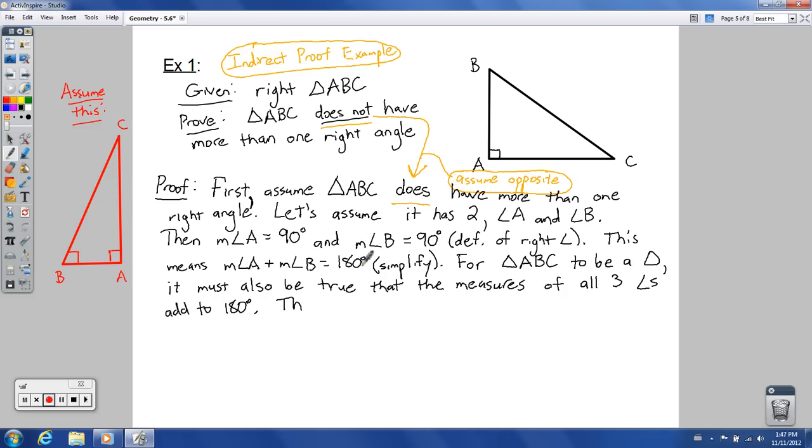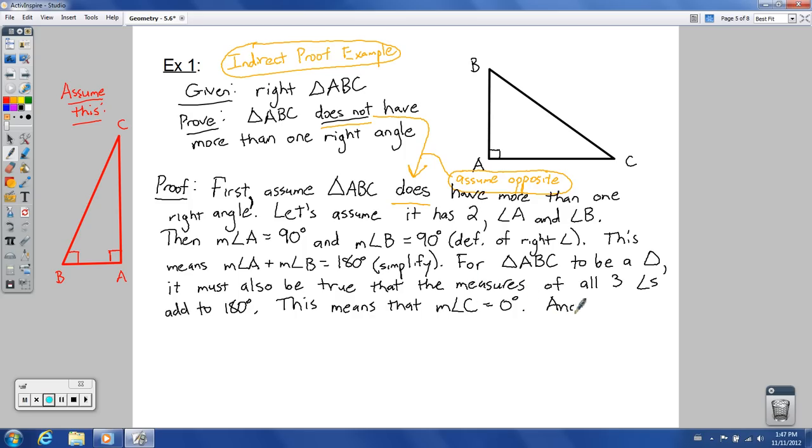So if A and B add to 180, and all three are supposed to add to 180, this means that the measure of angle C would have to be 0 degrees. Be the only way that would be true.